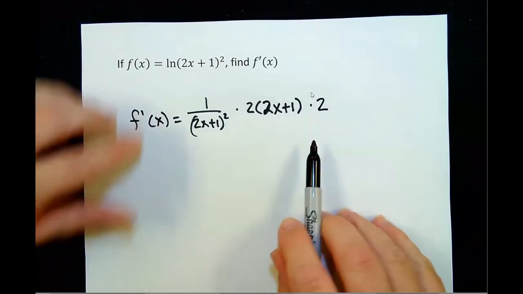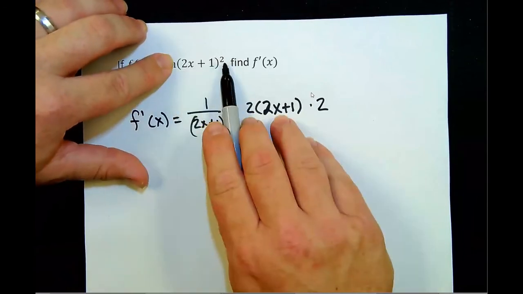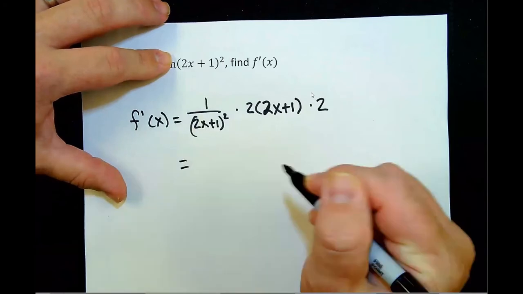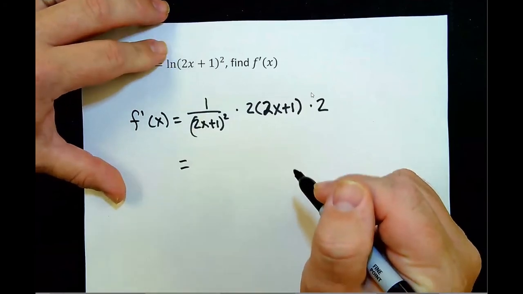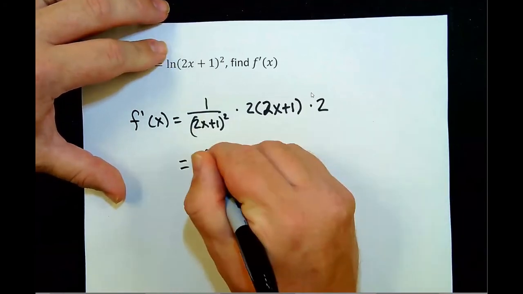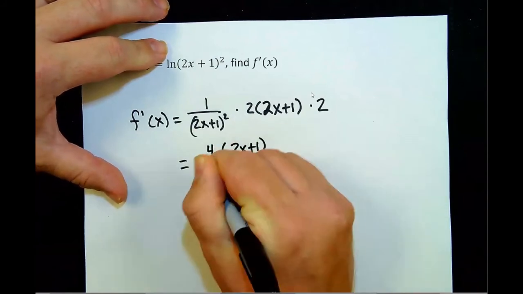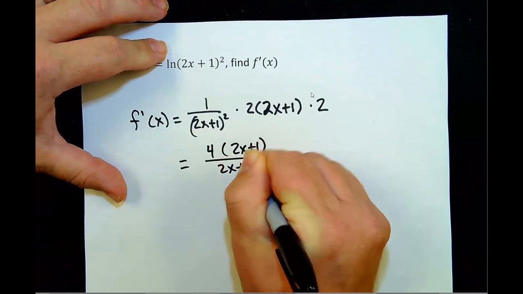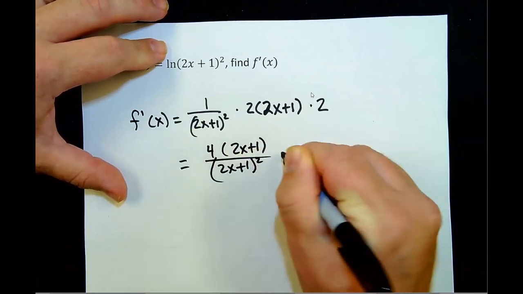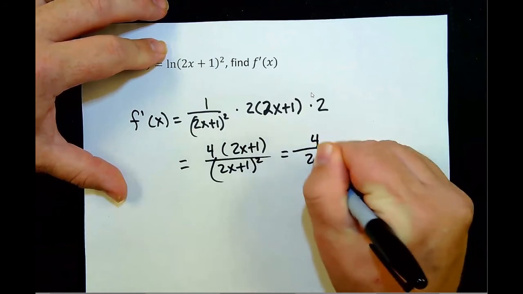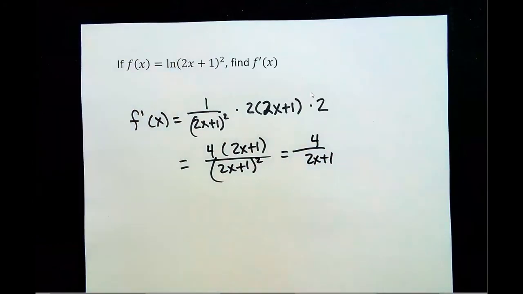So I took the derivative of the log, then I took the derivative of the squared, then I took the derivative of what was left. That would clean up to 4 times 2x plus 1 all over 2x plus 1 squared. You could cancel out one of the 2x plus 1.